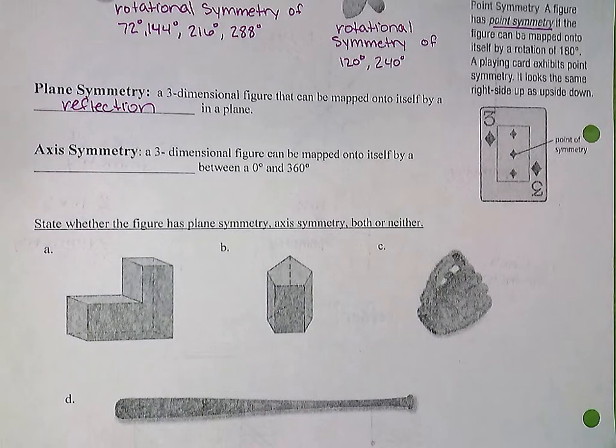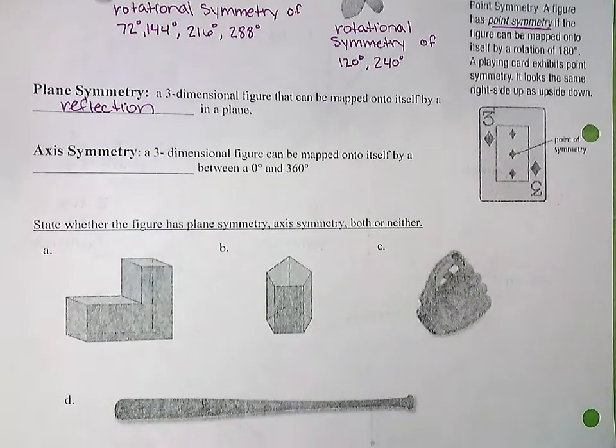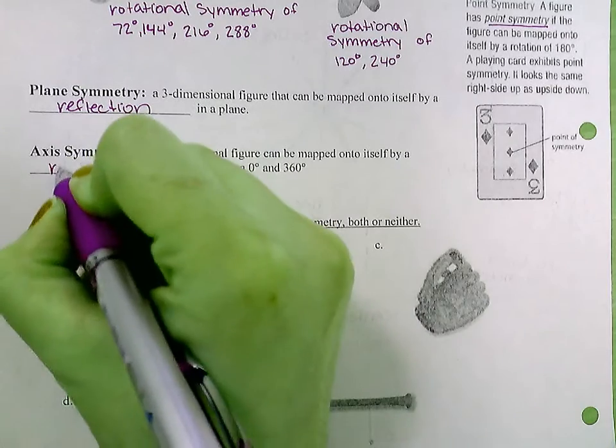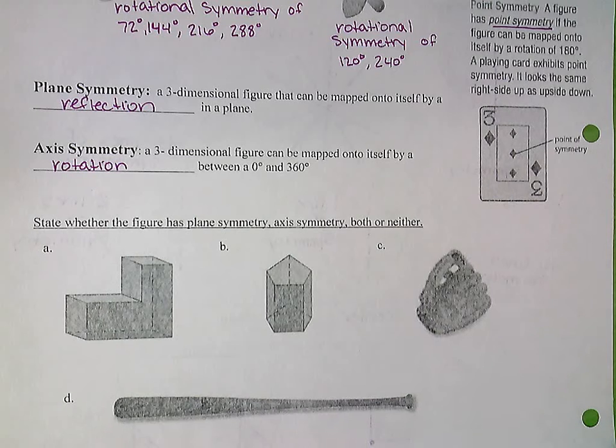So you're reflecting in that plane in a three-dimensional figure. And then axis symmetry is a three-dimensional figure that can be mapped onto itself by a rotation between 0 and 360 degrees.